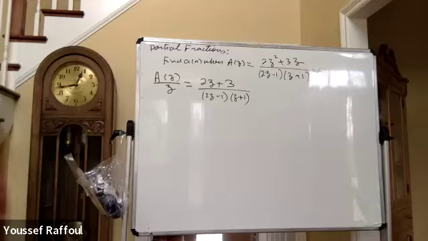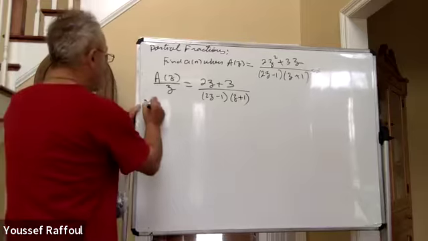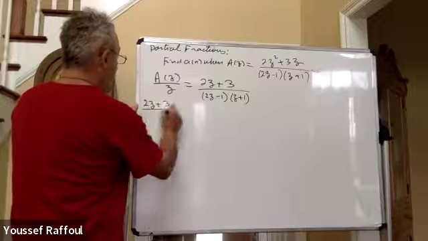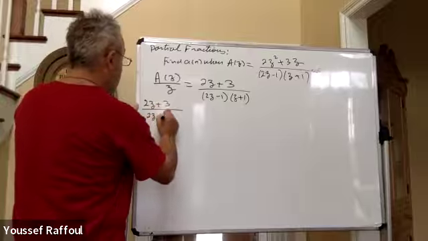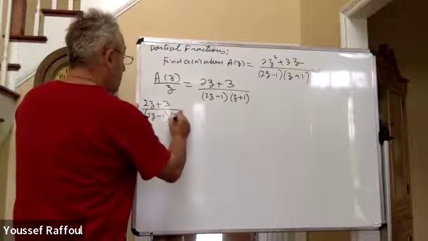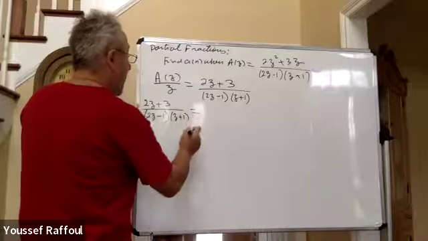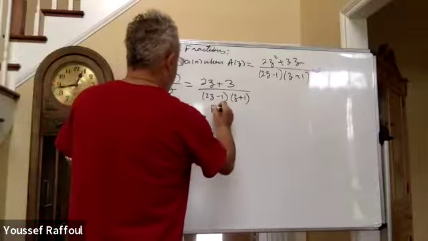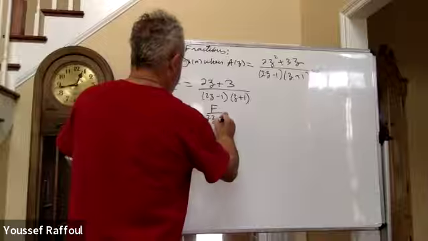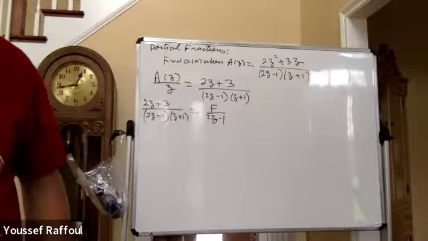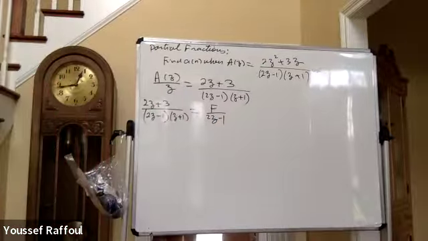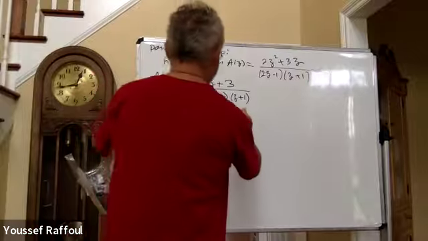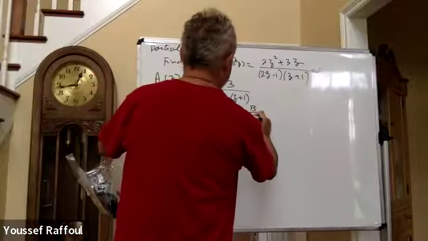So what we're going to do is write (2z plus 3) over (2z minus 1)(z plus 1) as F over 2z minus 1 plus B over z plus 1.